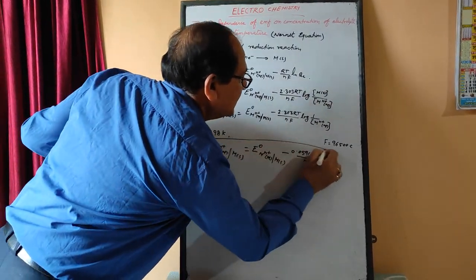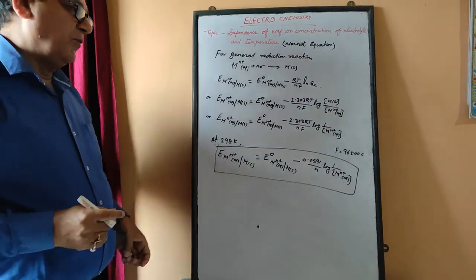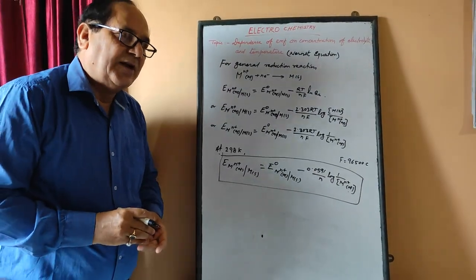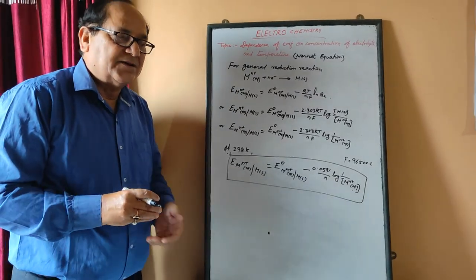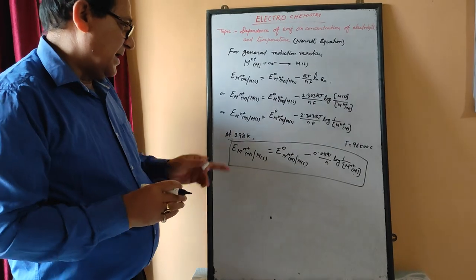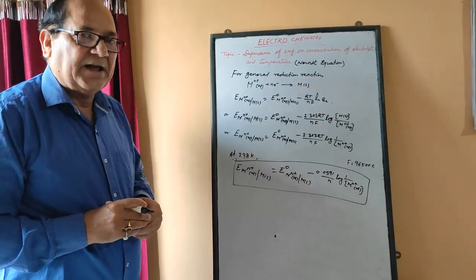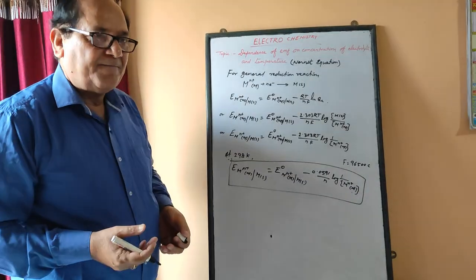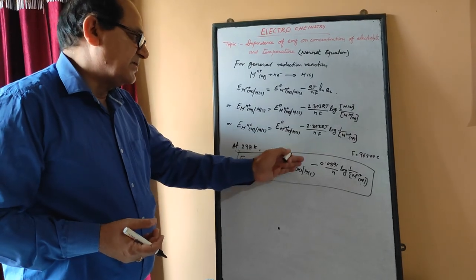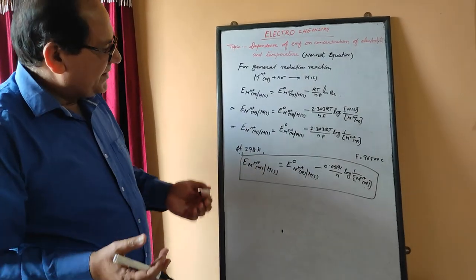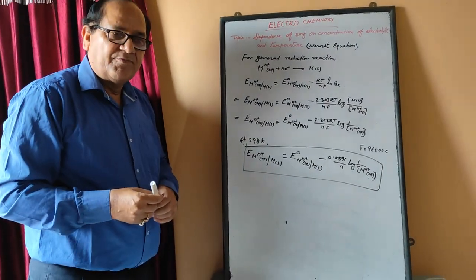So this is the formula on the basis of which you can calculate electrode potential at any concentration of electrolyte. And here the temperature is room temperature only, 298 Kelvin. If temperature is given, then you have to use the above formula. If temperature is not given, it is assumed that it is at room temperature.